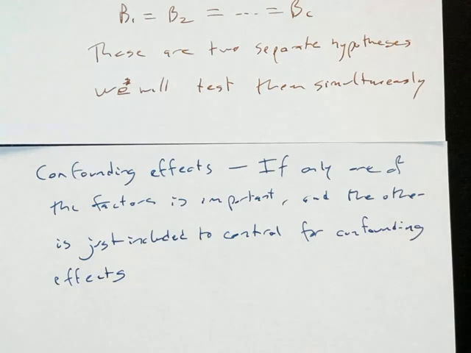So what I could do is I could add to my second factor, instead of can you palm a basketball, it could be something like age. And that would control for the difference, right?